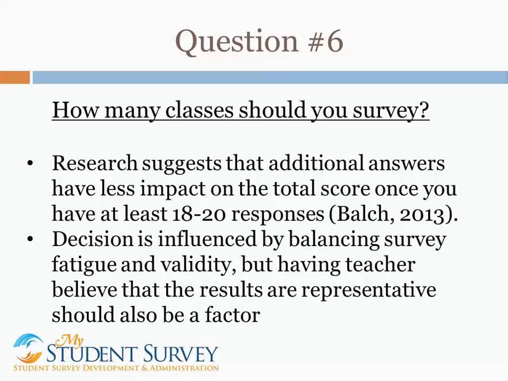What we've seen in our research is that once you get to about 18 to 20 surveys, the overall scores really aren't impacted that much by additional surveys. You probably have seen something like this as a teacher near the end of the semester, when you're adding in additional homeworks or whatever it is, the student's grade doesn't change that much. So once you've got 18 to 20 responses, adding a whole lot more students doesn't really impact it.